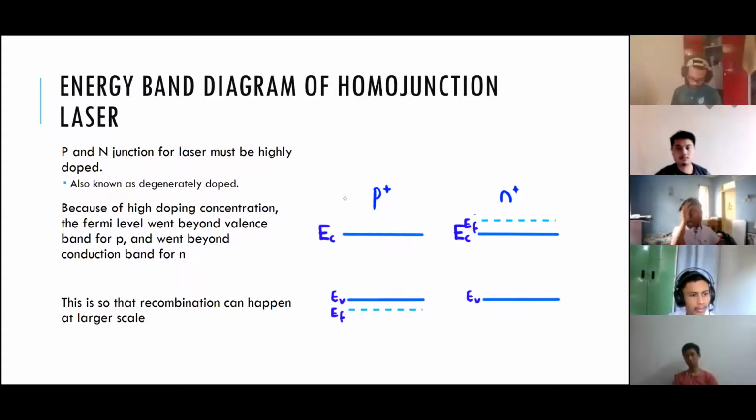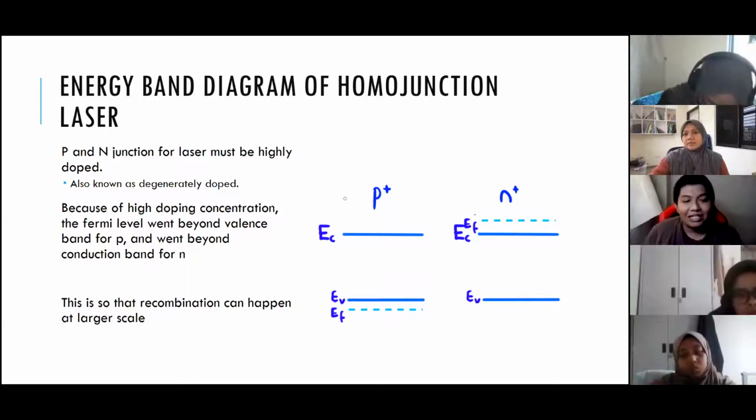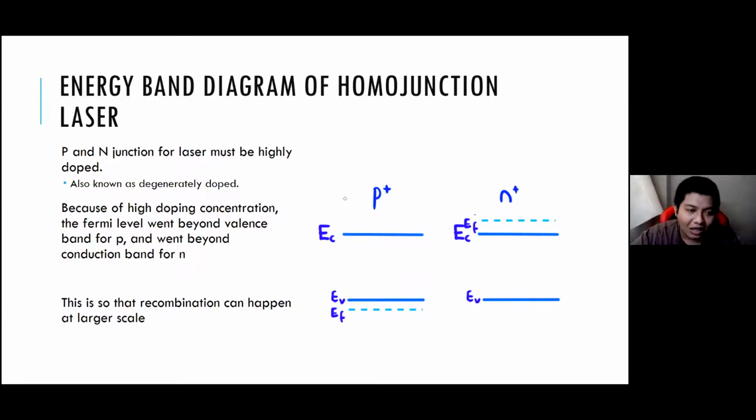So the p-n junction must be highly doped, and so what happened here? Because we dope it highly, for example for the p junction, the Fermi level would drop further than the valence band. The reason is that because we dope it so high, the Fermi level goes beyond the valence band. That's why we call it degenerately doped.